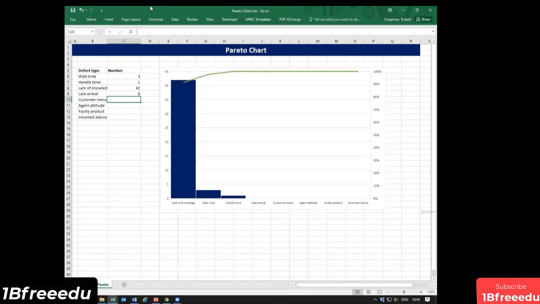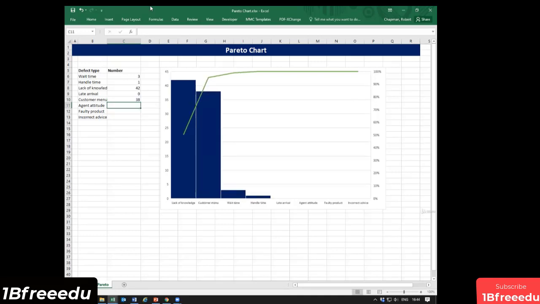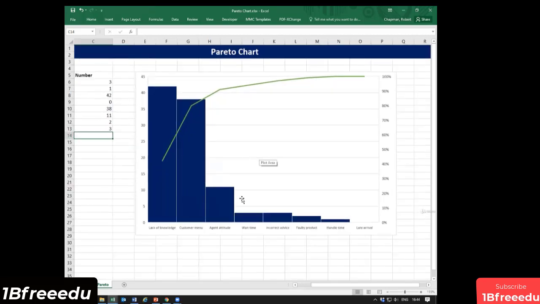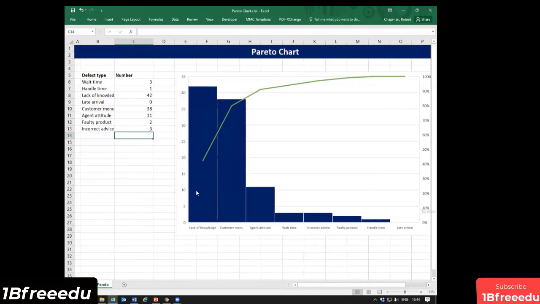And already you can see, right, which ones are starting to stand out as those bigger potential causes. Customer menu, we had 38 complaints on the customer menu. Agent attitude, 11. Faulty product, 2. And incorrect advice, 3. So as you can see from the Pareto, the bars are representing those figures, right? The actual numbers here. So the actual numbers we've got here, the data we have.